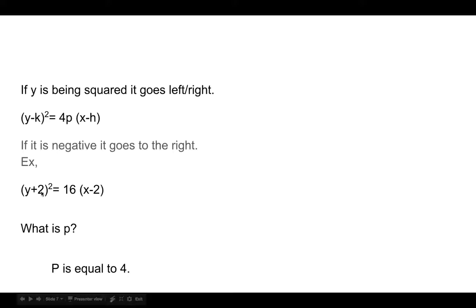If it's plus k, it's going to the right. So, okay, what is p? Basically 4p equals 16. We're solving for p equals 4. And that is how you find p, which is the distance between the vertex and focus, and vertex and directrix.